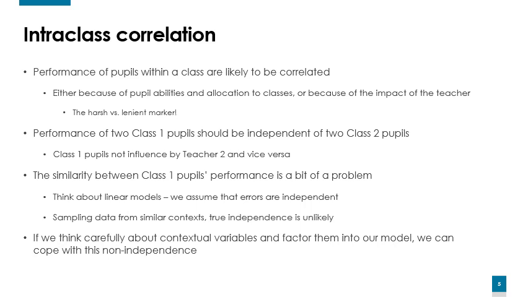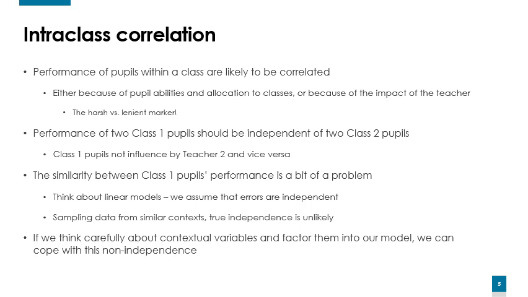And I mean, this is maybe the historic concept of the harsh or the lenient marker. So performance of two pupils in class 1 should be completely independent of pupils in class 2. And that could be because class 1 pupils haven't been influenced by teacher 2, or vice versa. Pupils in class 2 haven't been influenced by the methods of teacher 1. So that's quite important to consider.